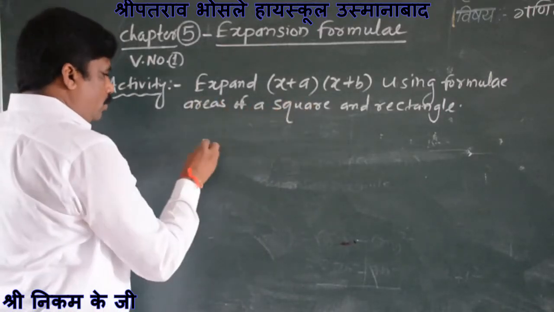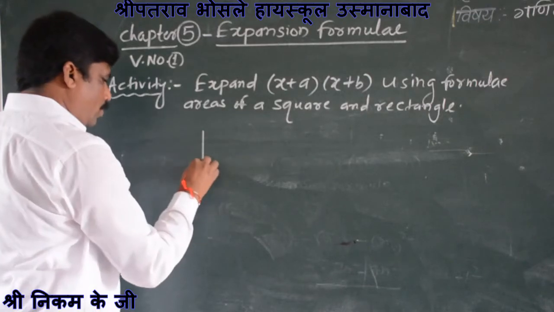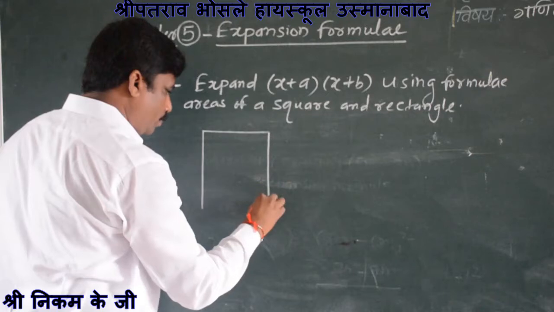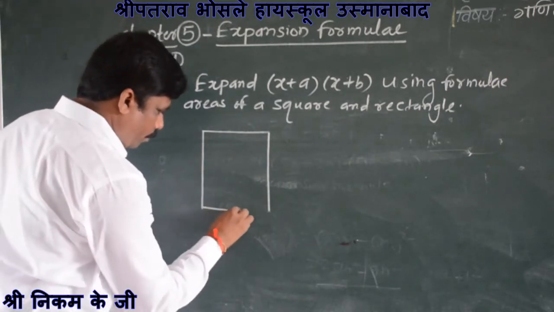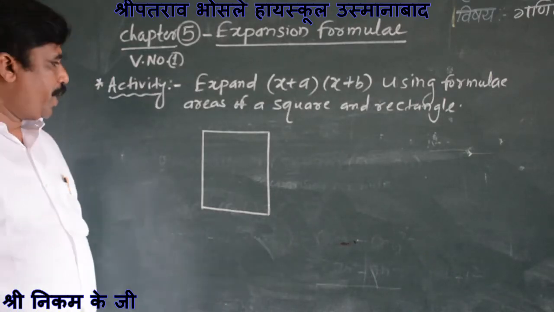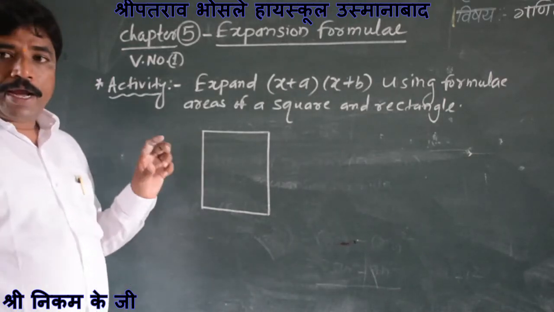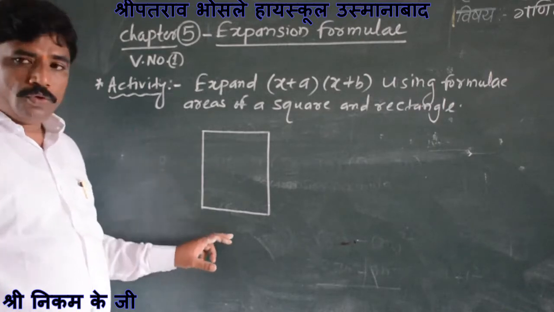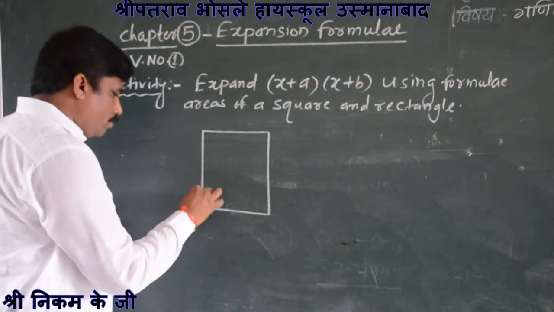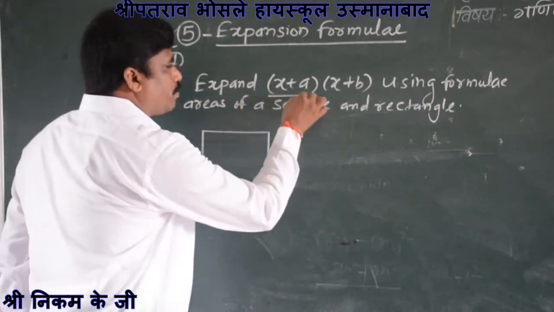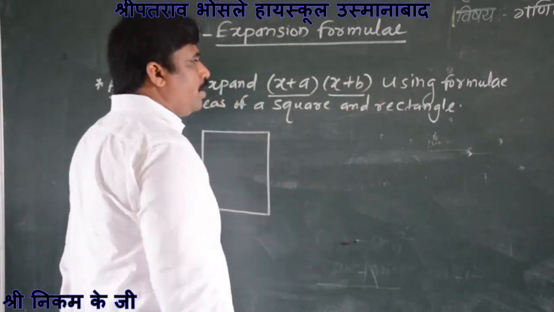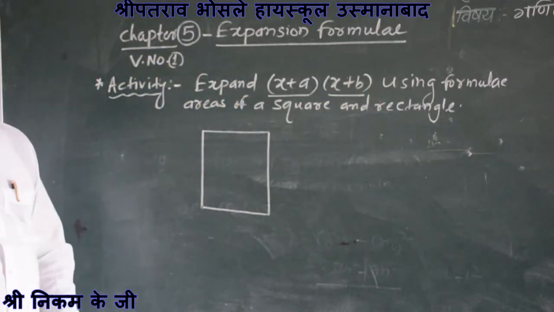Here we first draw any rectangle. The area of a rectangle is equal to length into breadth. Here the length of the rectangle is x plus a, and the breadth of the rectangle is x plus b.